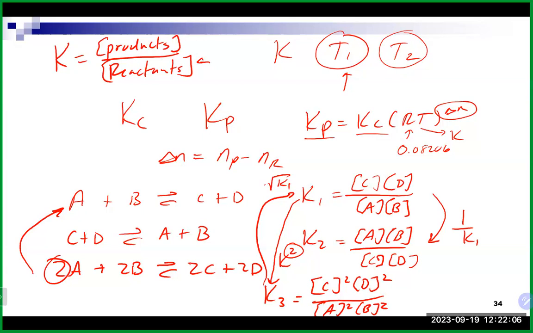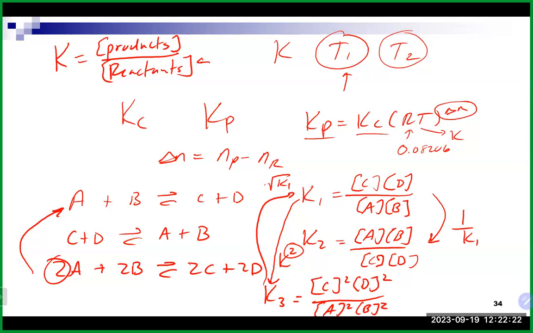Lastly, the other very common mistake that people make when they are adding equations together and looking for the K value for the overall equation is that when we add equations, we actually multiply the K values.